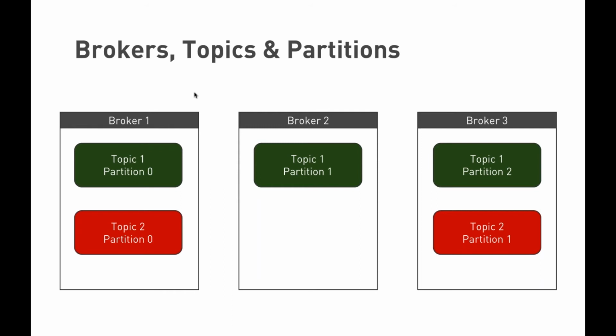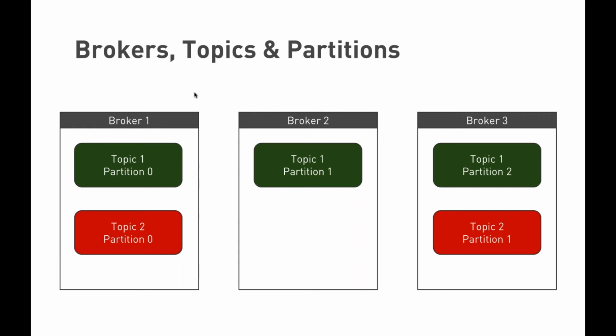You notice that there is no partition of topic 2 in broker 2 because we just need to create 2 partitions, and it has randomly picked the brokers to create them. So that is the relationship between brokers, topics, and partitions. Topics are like the hubs responsible for managing homogeneous messages.